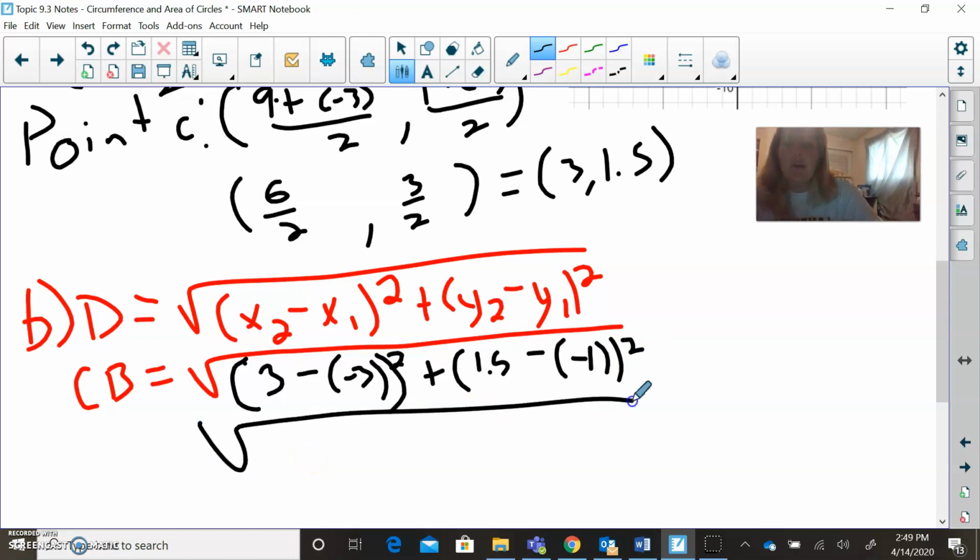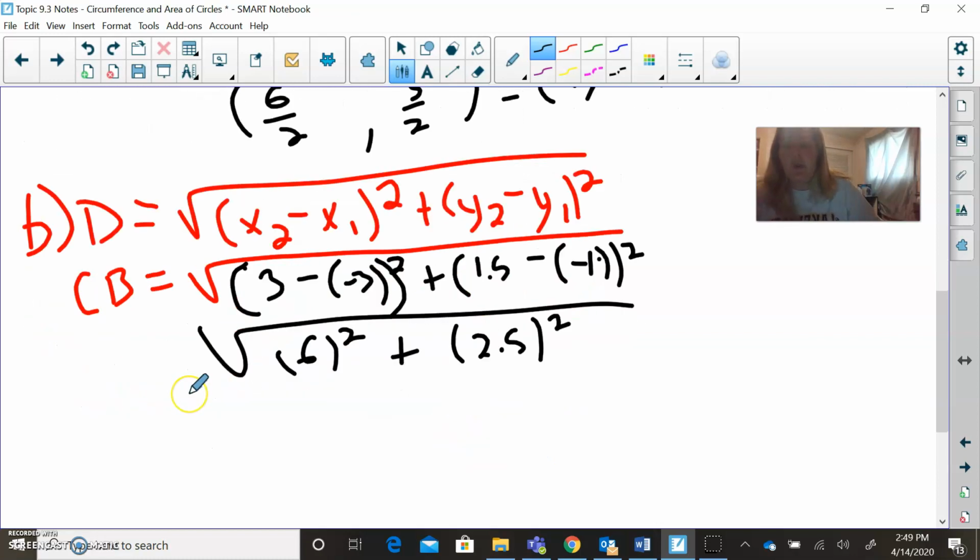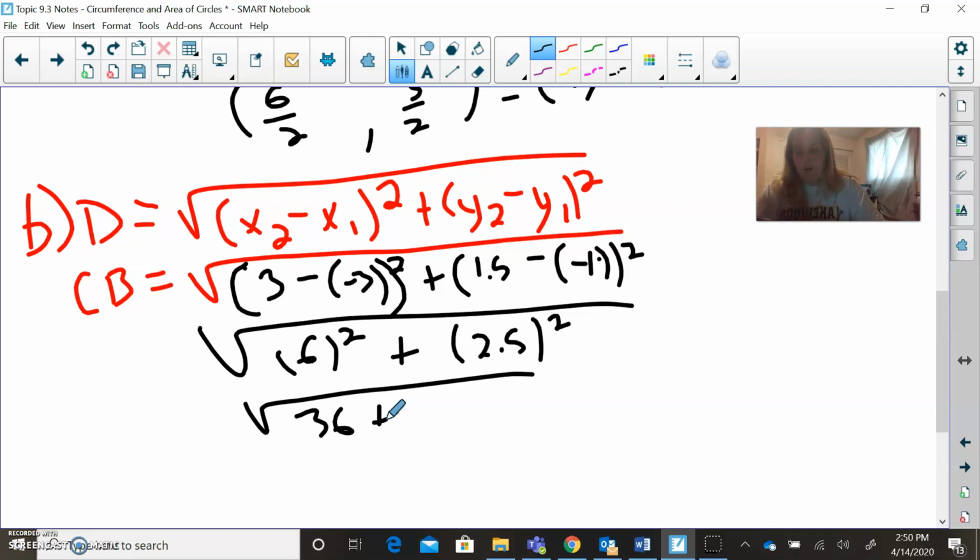Now let's keep going. 3 minus minus is a plus, so 3 plus 3 is 6. 1.5 plus 1, because minus minus is plus, is 2.5, squared. 6 squared is 36. Plus 2.5 squared is 6.25, and then let's add them together.